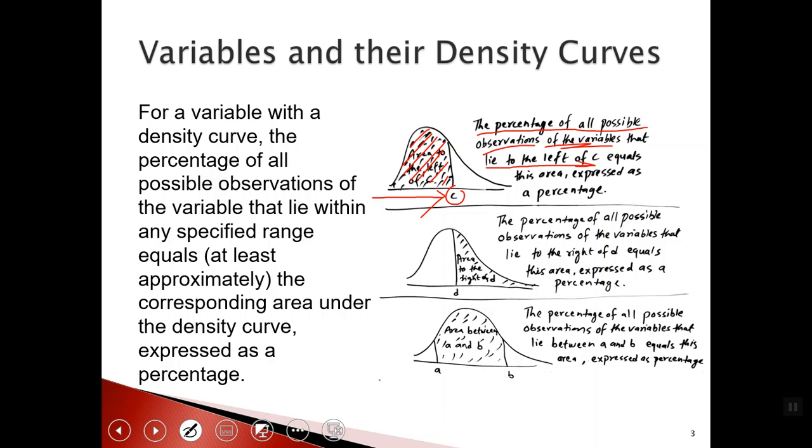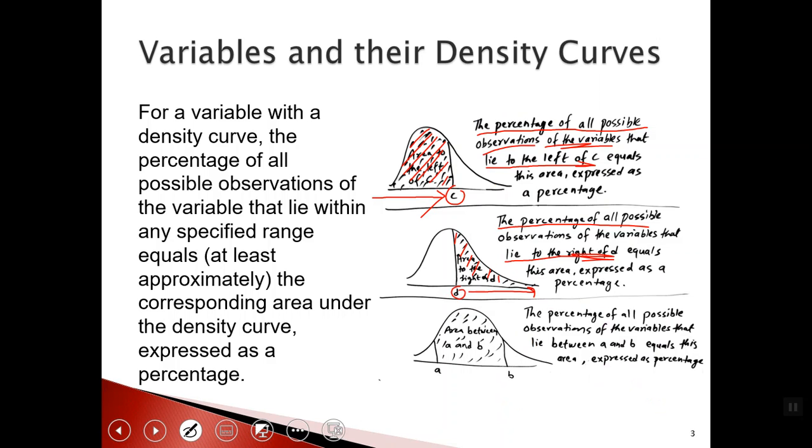Same on the right hand side, if I get a value d and the area from d to the right hand side, we call it the percentage of all possible observations of the variable that lie to the right of d, which means the area from here to the right hand side.